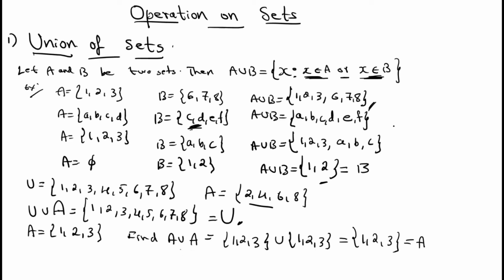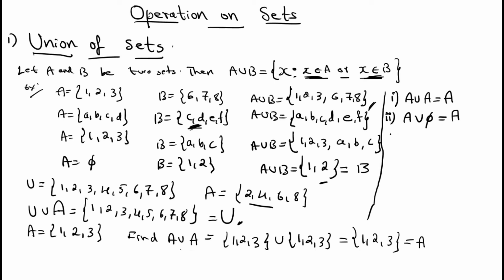Okay, by this observation, three important notes are there. First one is A union A, it's equal to A only. Okay, and the second note, that is A union empty set. Union of a set with the empty set, that time also you will get A only.